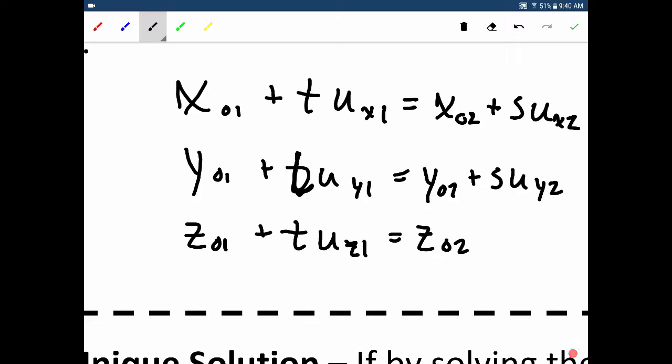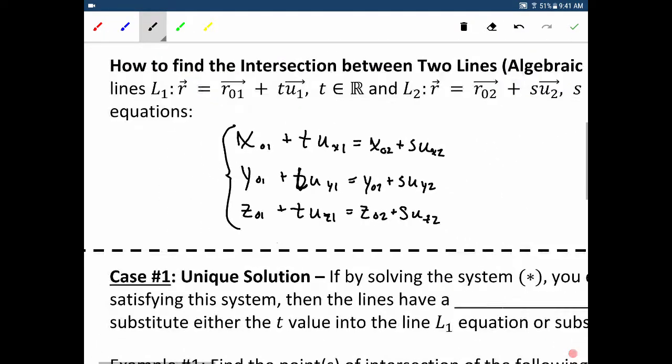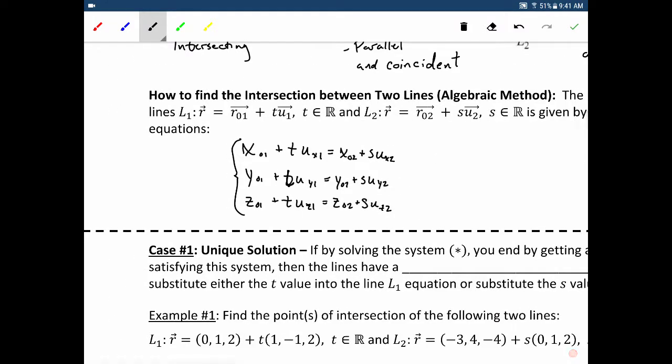So z01 plus t u z1 equals z02 plus s u z2. There we go. So we find the solution to this system of equations, which will not always exist, and this will tell us. Okay, so I'm going to refer to this system of equations as star.